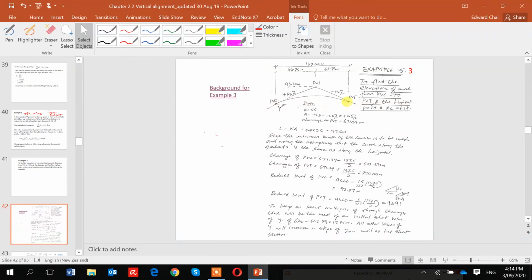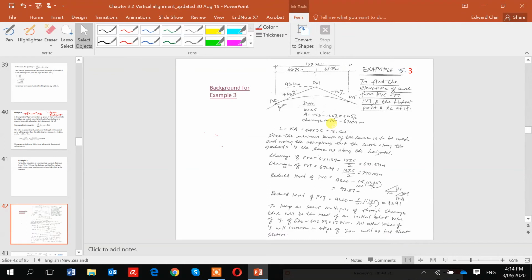Given the upward grade plus 1.5%, and this downward grade minus 1%, and given the reduced level at this PVI is equal to 93.6, and the K is given as 55.